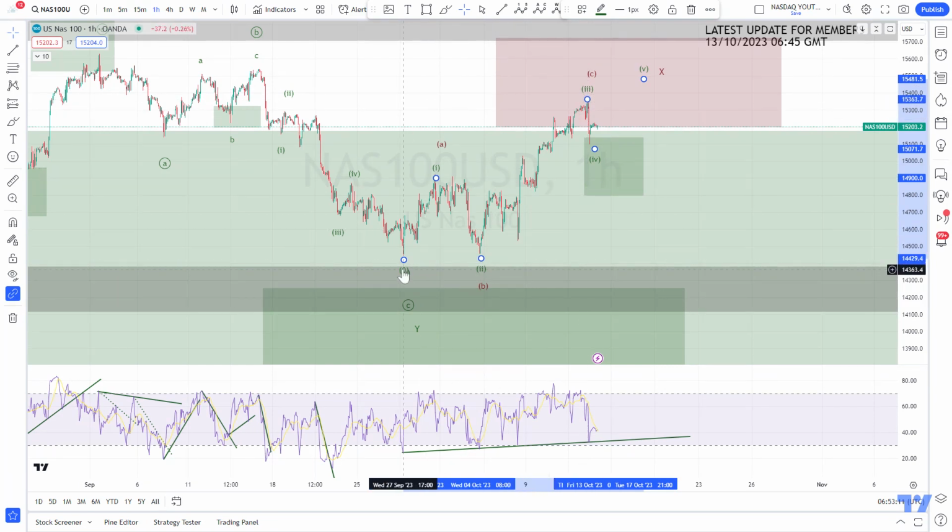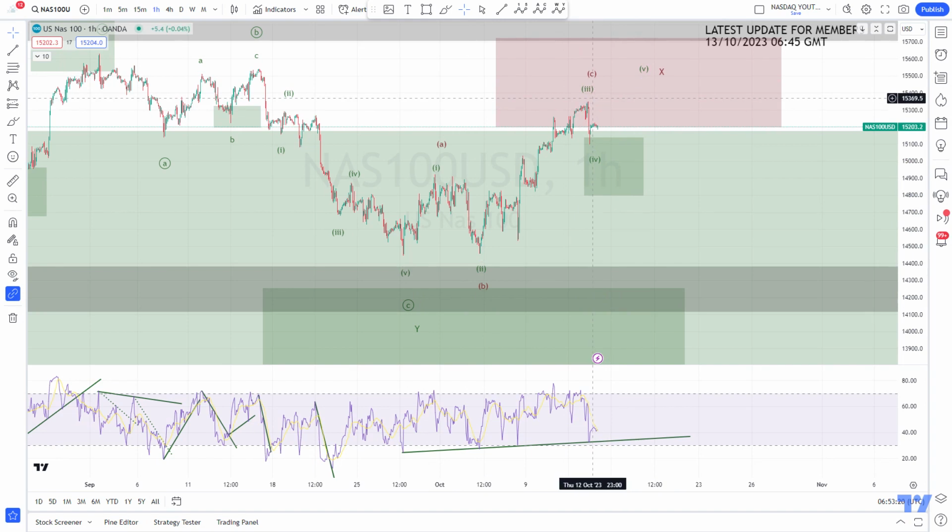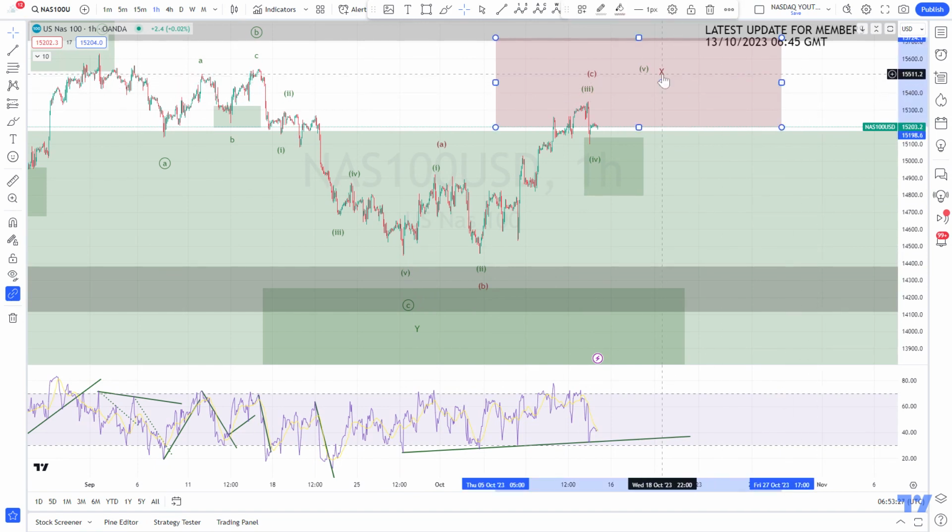So far we have 3 waves, 1, 2, 3, which can also be A, B, C. So this should make you alert in the sense that we have 3 waves up, corrective move into our wave X area, corrective area. So that could mean that we can actually come down from here.